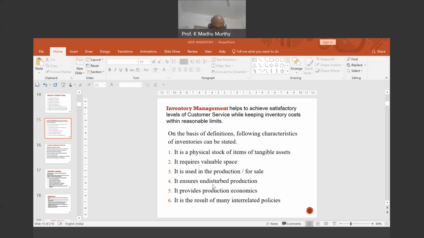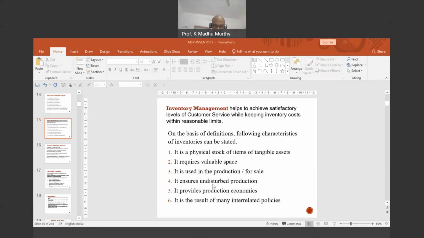On the basis of the earlier discussions that we had, we realize that inventories are physical stocks of tangible items, and it occupies space, and which is valuable. And probably this is used not only for trading, but also for production.